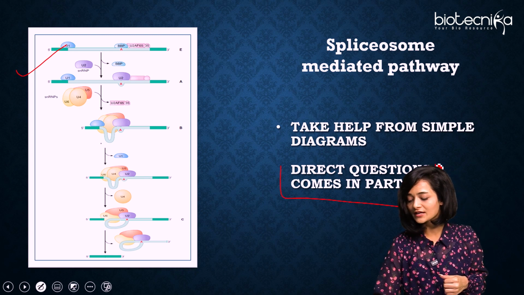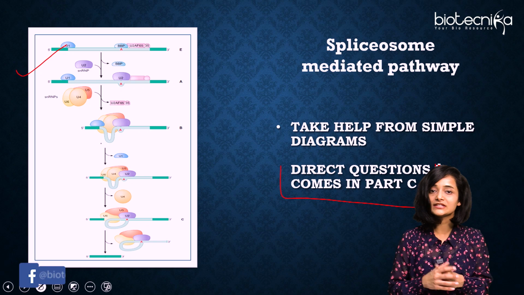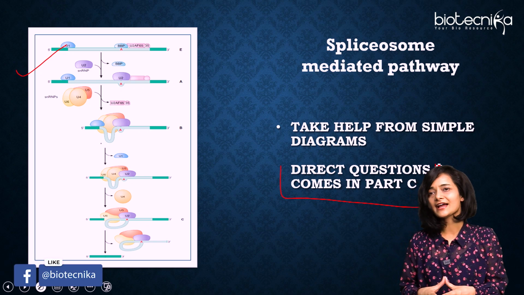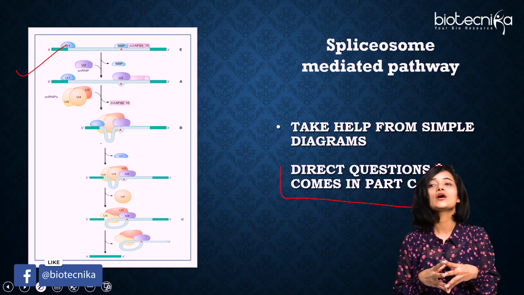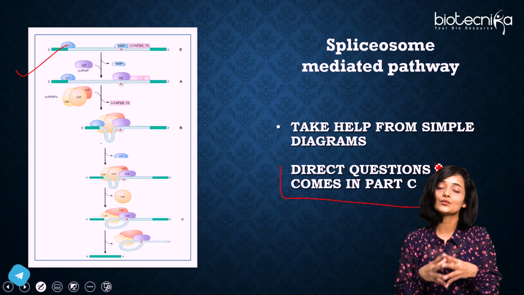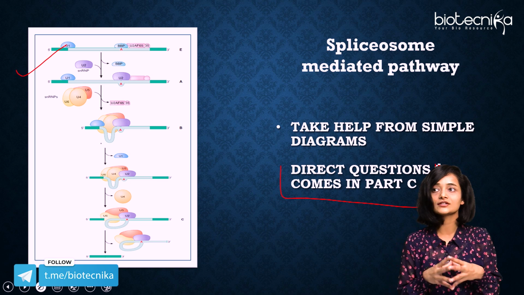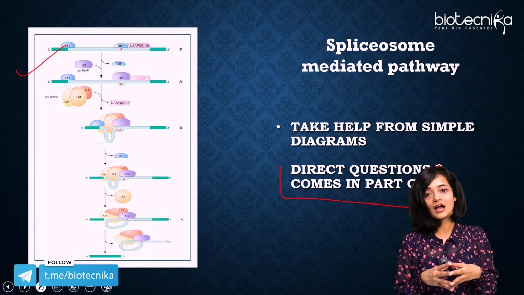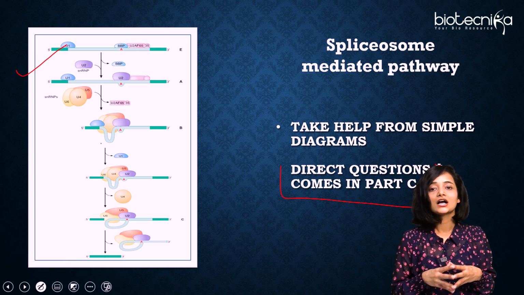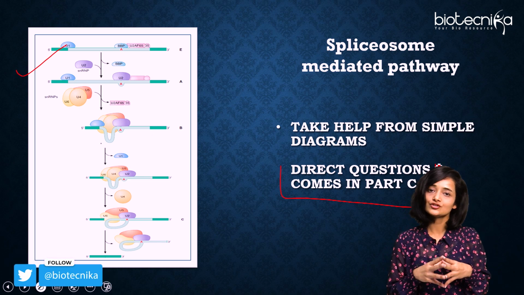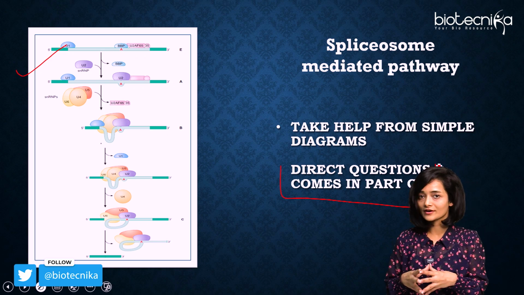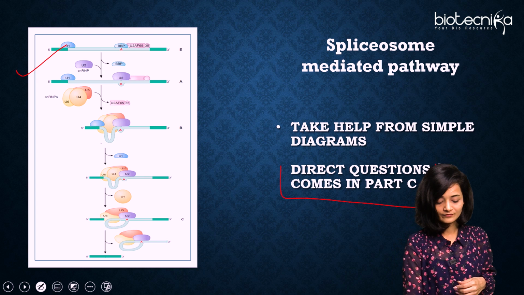Direct questions are asked in part C from these concepts or pathways. This diagram simply explains the different events and the sequence in which they go on for the spliceosome mediated pathway, where different types of snRNPs come and play their role in removing the introns and converting the pre-mRNA to mature RNA.